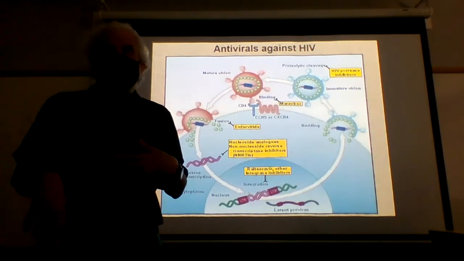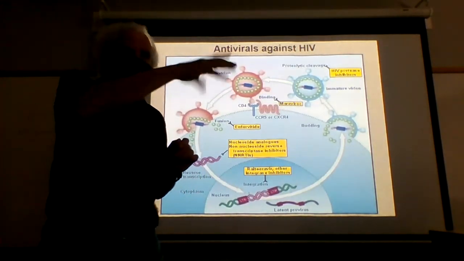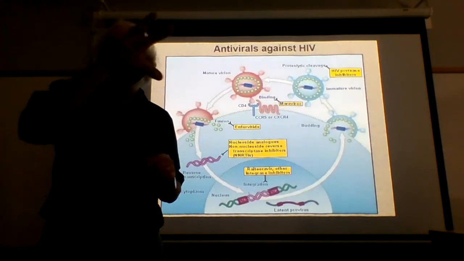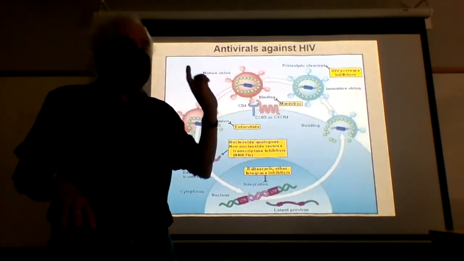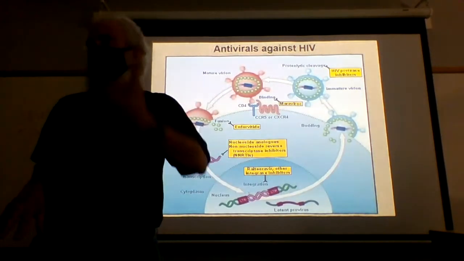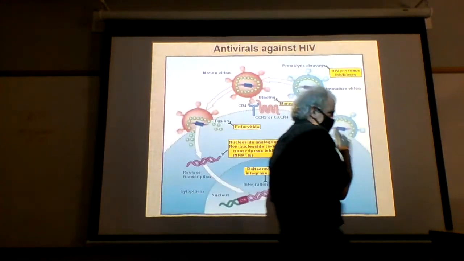Our own DNA polymerase or RNA polymerase is pretty careful in that these nucleoside analogs don't get picked up very well. And so you take this, it's going to affect the reverse transcriptase, but it's not going to affect your own DNA polymerization. So it works fairly well.